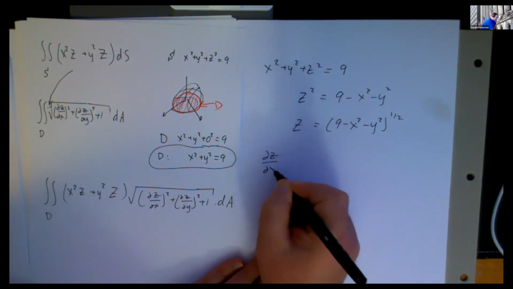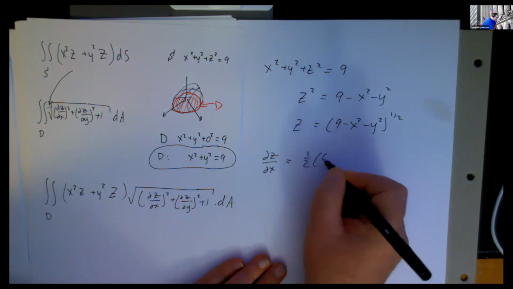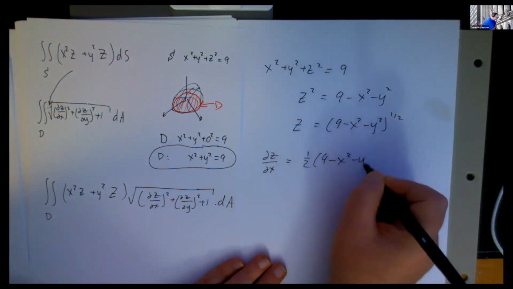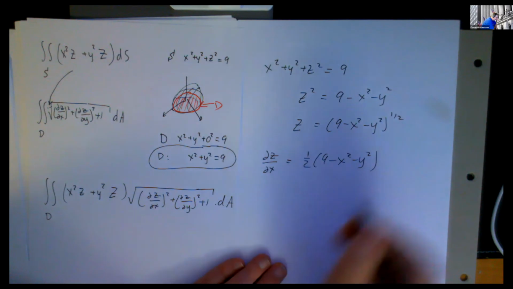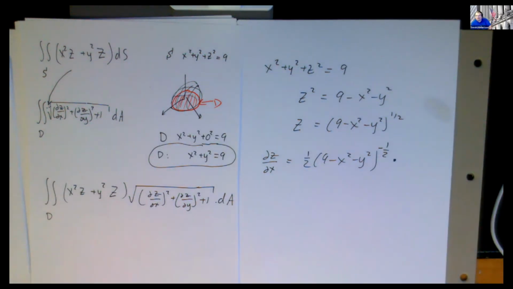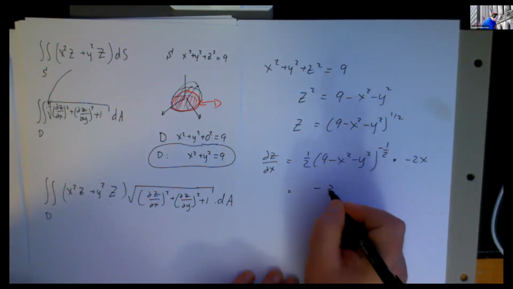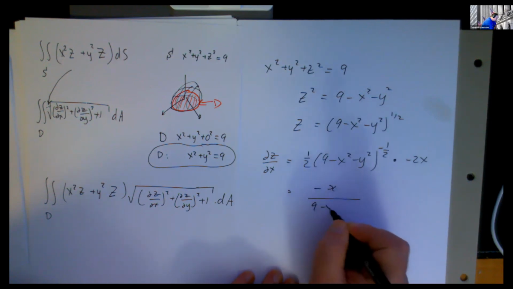The partial derivative with respect to x is 1/2 times 9 minus x squared, take away y squared, to the power of negative 1/2 times something. Think chain rule. What should I multiply by? Negative 2x. Now, all I'm going to do now is tidy it up. Not much, but you do the best you can.